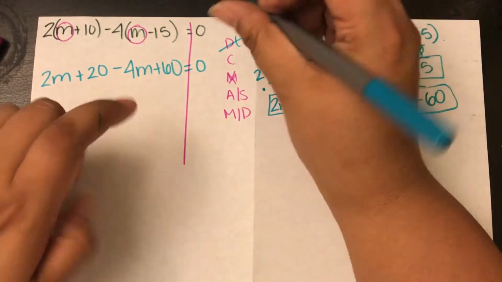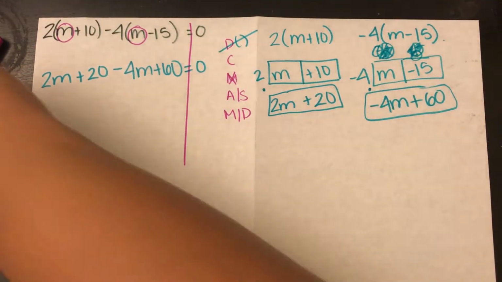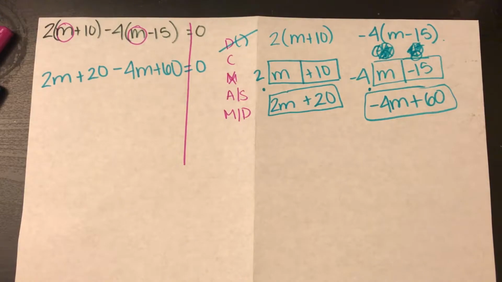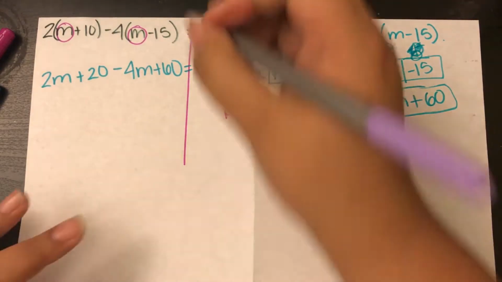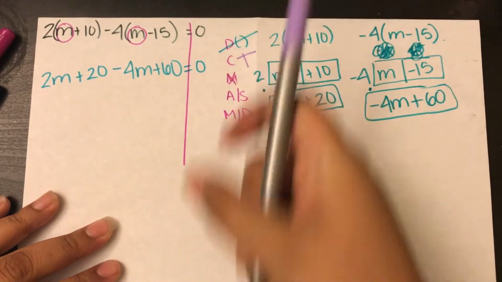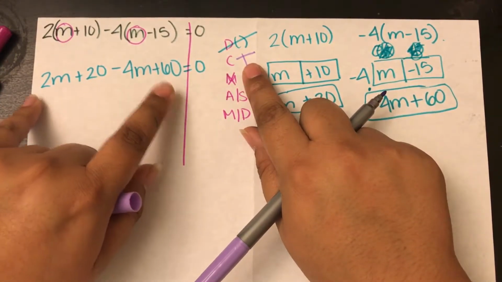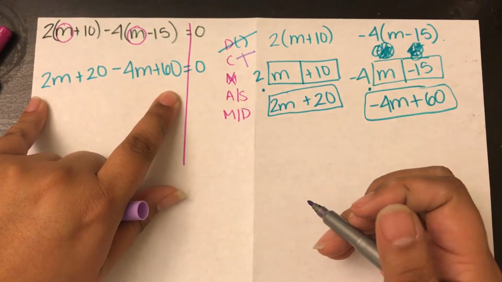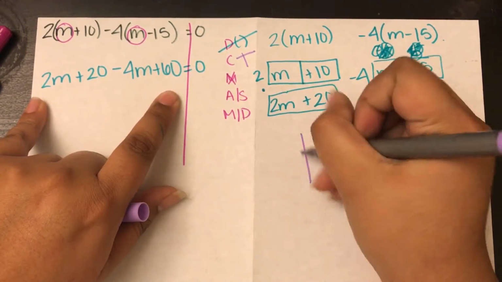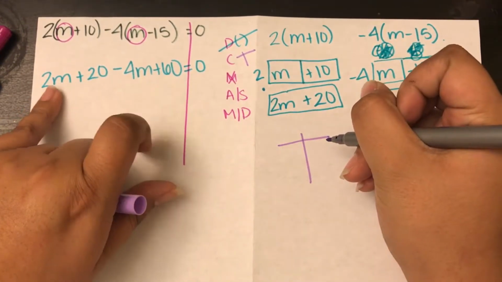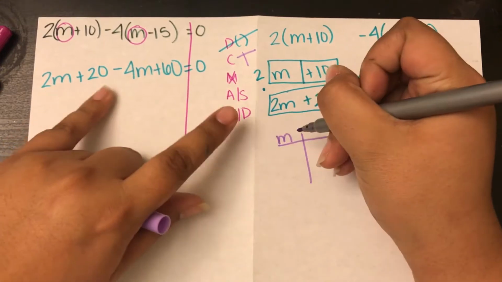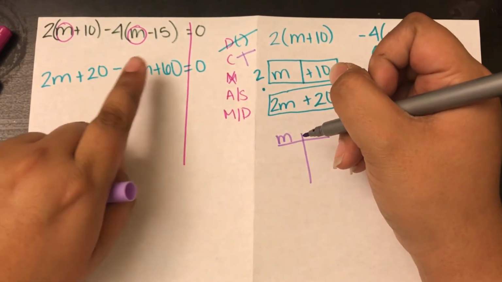Next up is the C, combining like terms. I'm going to do that in purple because why not? When we combine like terms, I do use the T chart here. So if I look, I do have like terms. My different families are, I have the m family, and I have those with no last name.